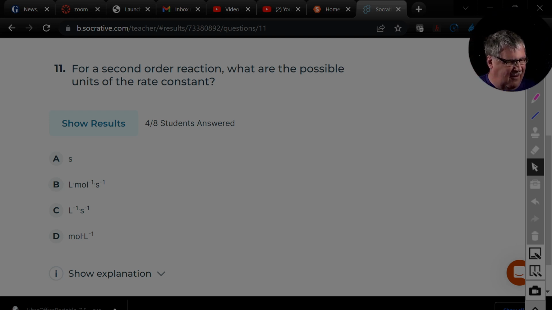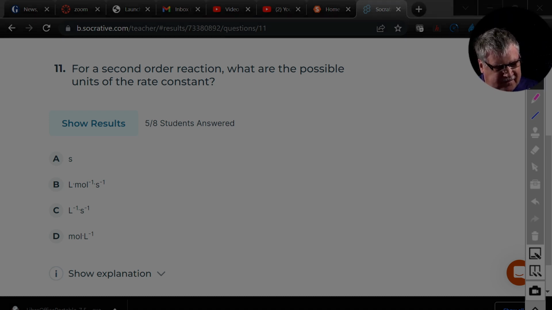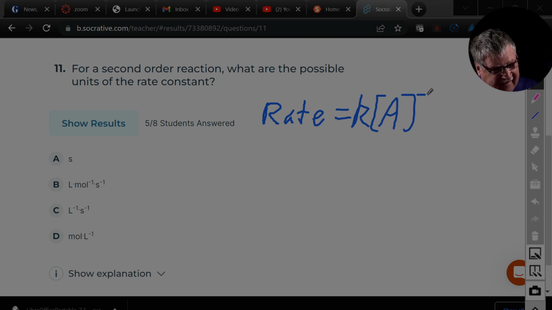What does this second order rate law look like? Yeah, okay. That's correct. Because the second order rate law is going to look something like this.